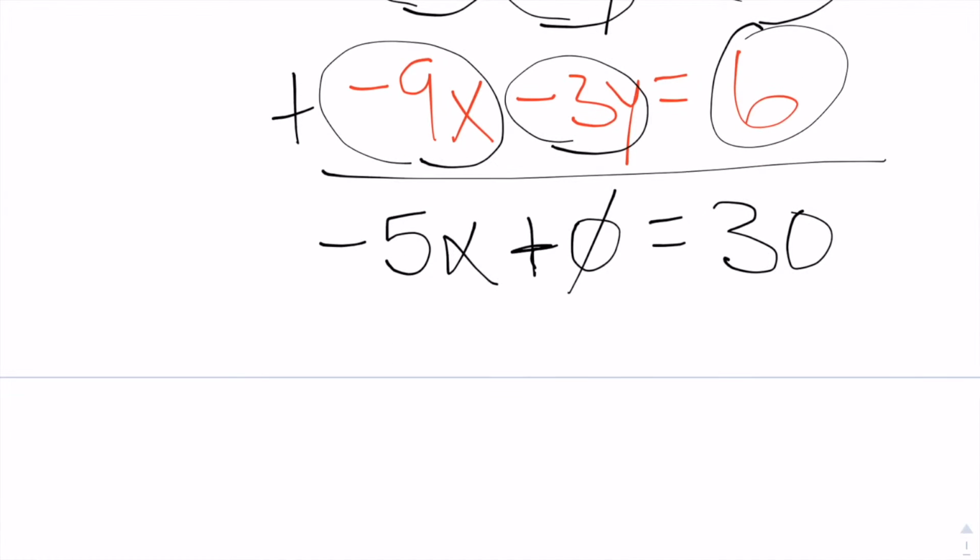Okay? So let's go ahead and just rewrite this. I like to get rid of the 0, and I like it to look nicer than this. So -5x equals 30. Okay?